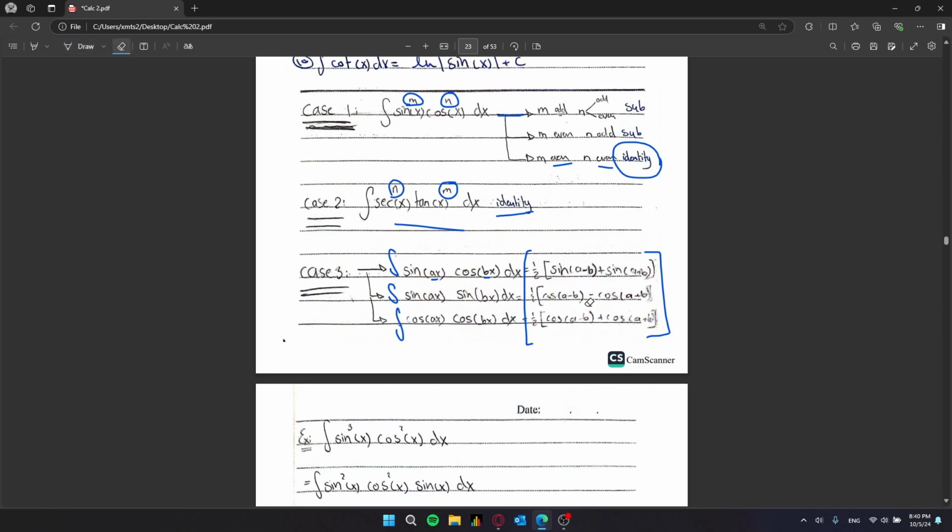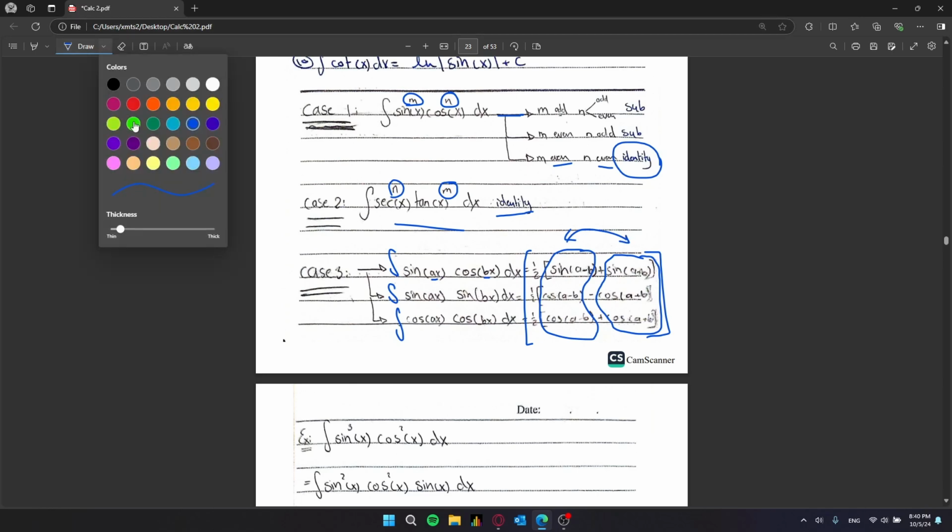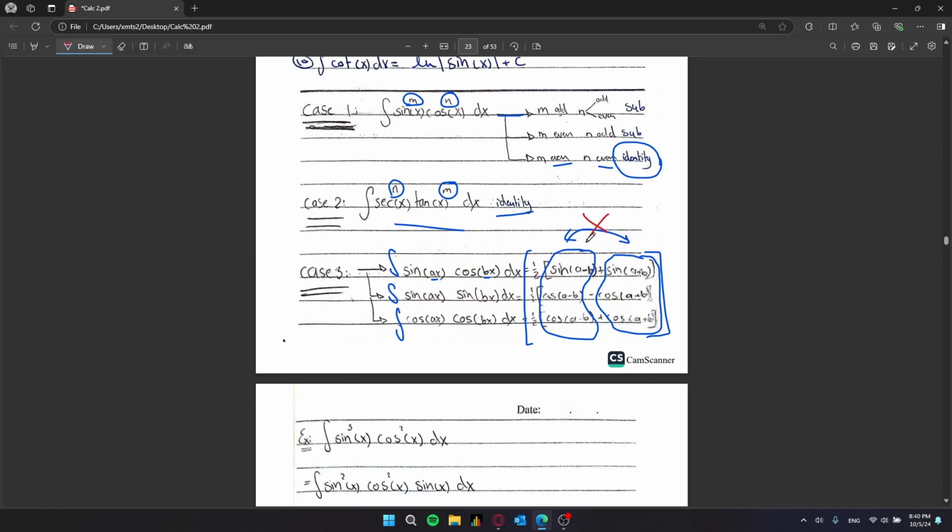These values are not interchangeable. You cannot mix up this group of trig functions and this group of trig functions. Let me do it in red, these are not interchangeable. You have to make sure you know when to use sine and when to use cosine. An easier way to memorize this is that this is always a minus b, and this is always a plus b.